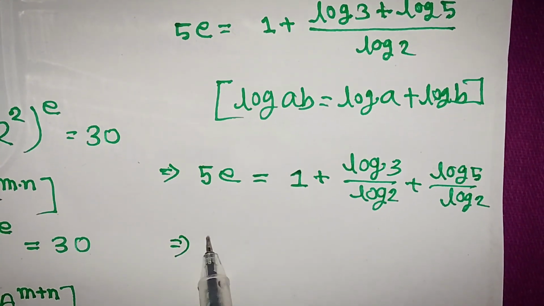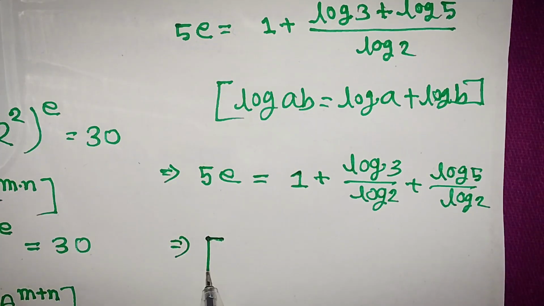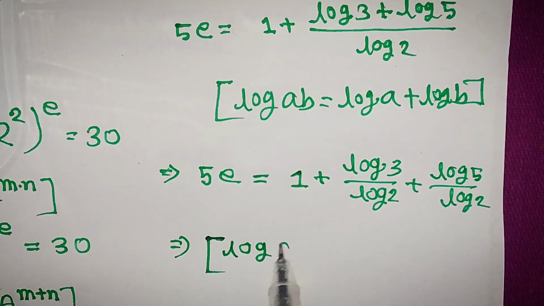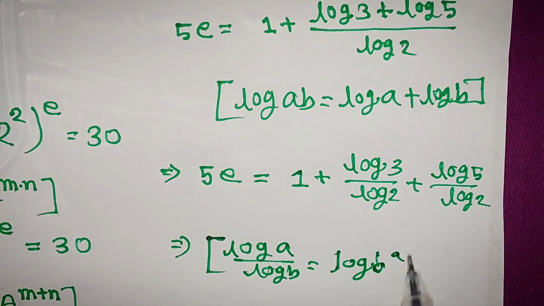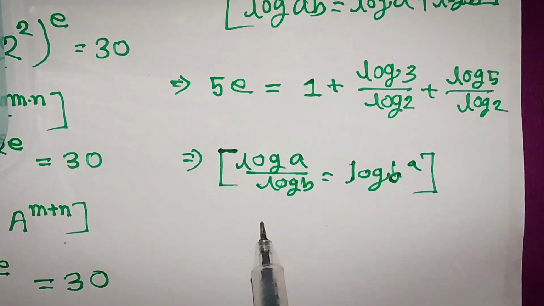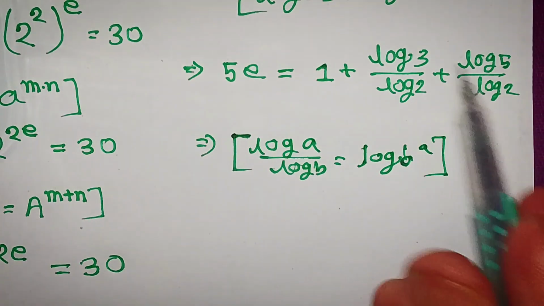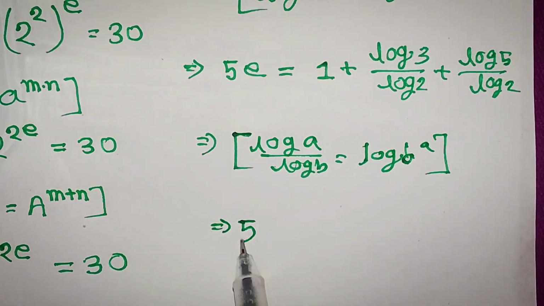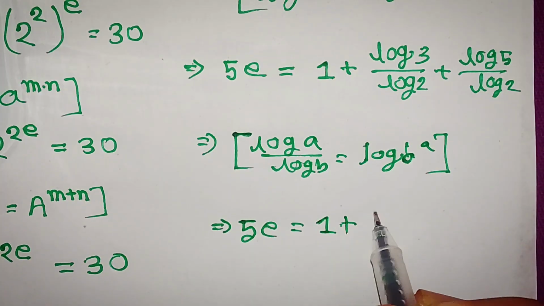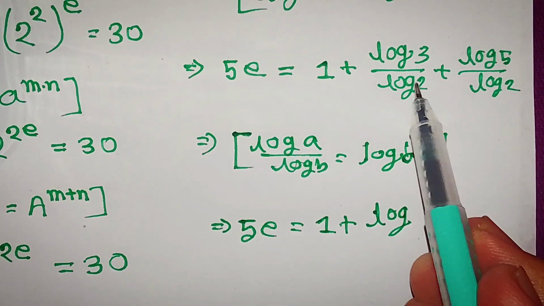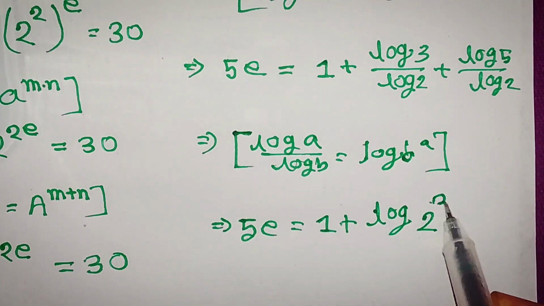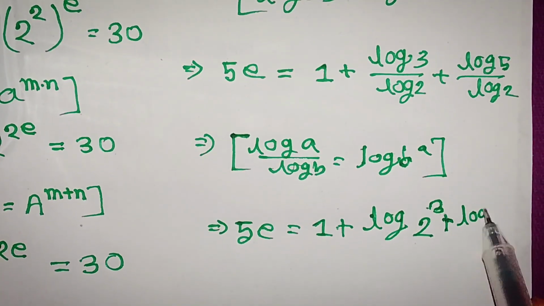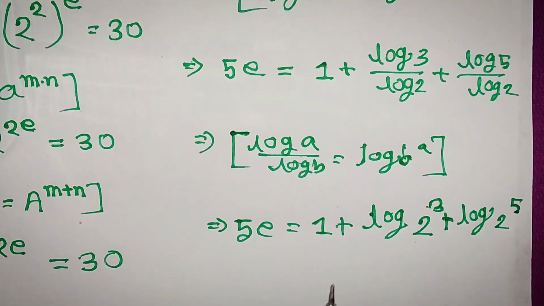So here we can write another formula, log a divided by log b equals log base b of a. So after using this formula here, we can write 5e equals 1 plus log base 2 of 3 plus log base 2 of 5.